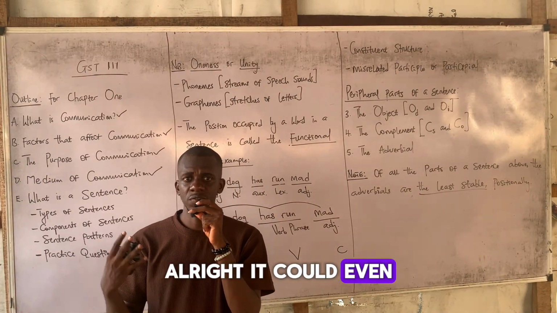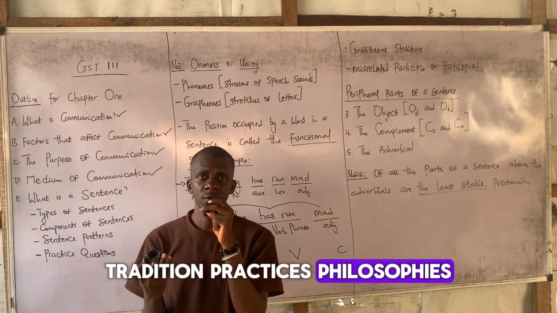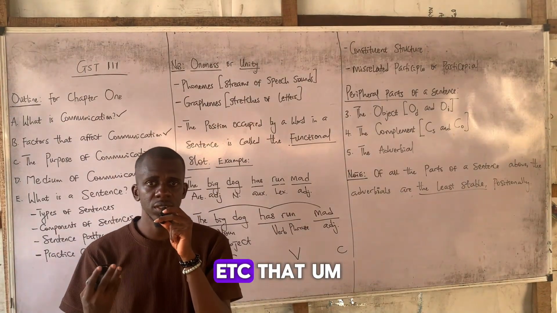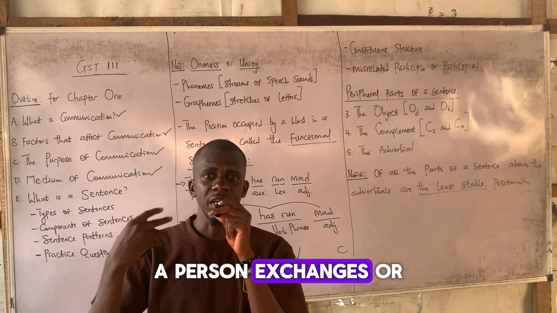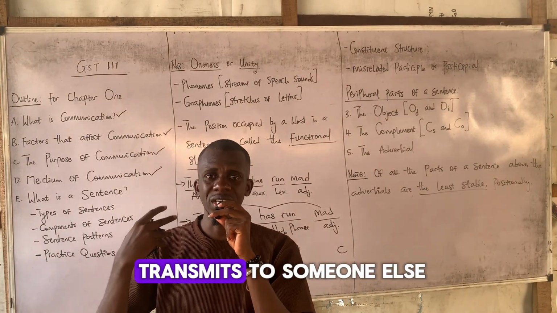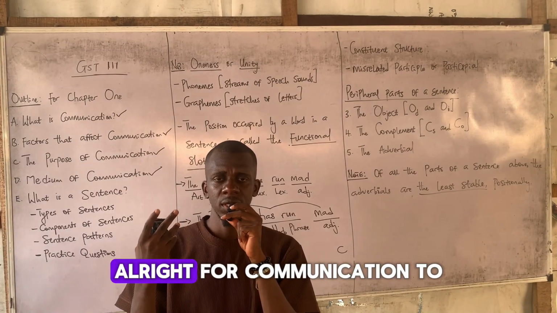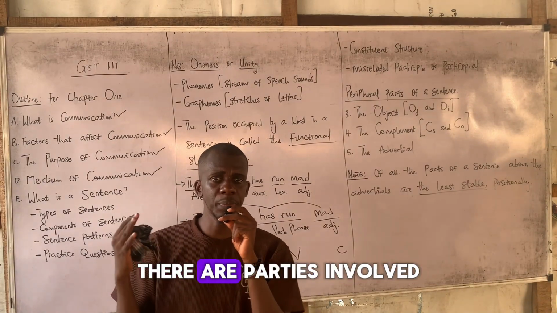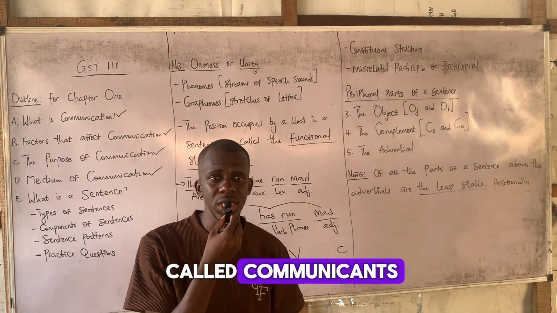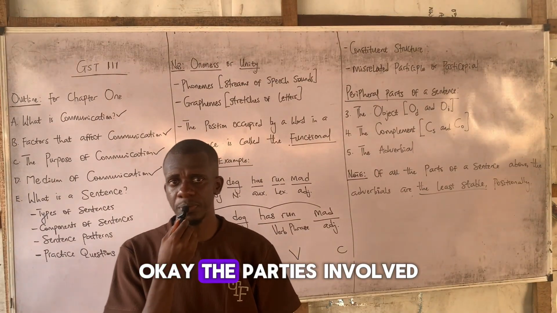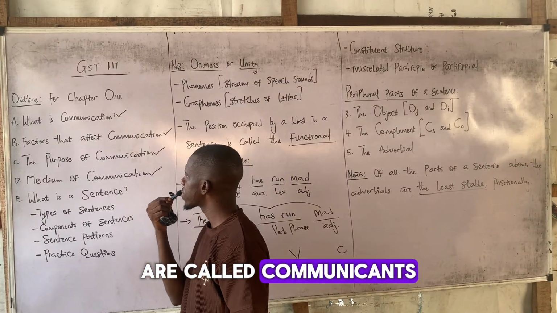It could even be culture, tradition, practices, philosophies, etc. that a person exchanges or transmits to someone else. For communication to take place, there are parties involved, and these parties are called communicants. The parties involved in a communication are called communicants.